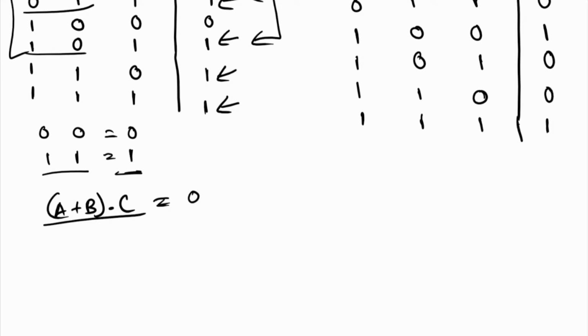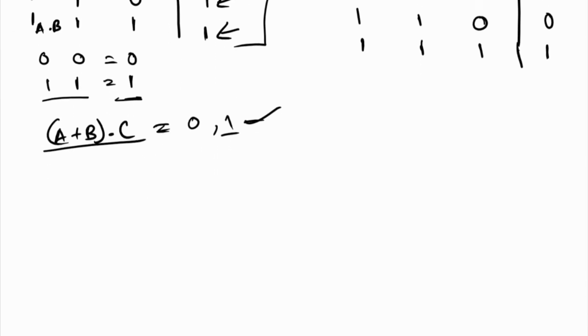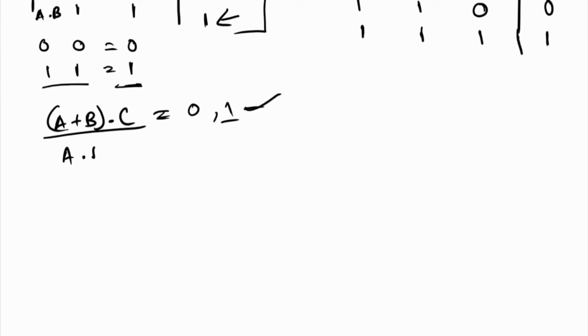If the answer is 1, our carry will be 1. And by looking at these last two terms, we get a condition A dot B. So no matter what C is, our next formula is A dot B. If we get 0, our carry will be 0. If we get 1, our carry will be 1.